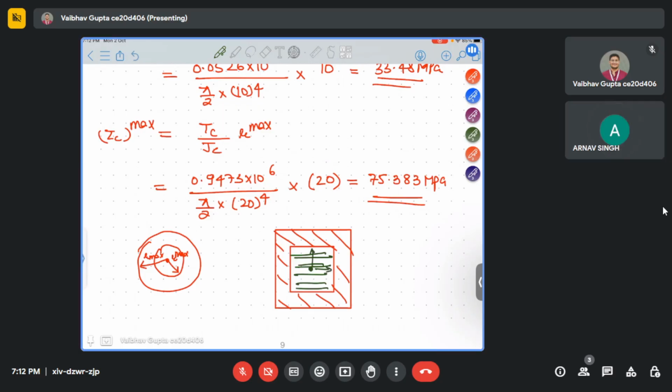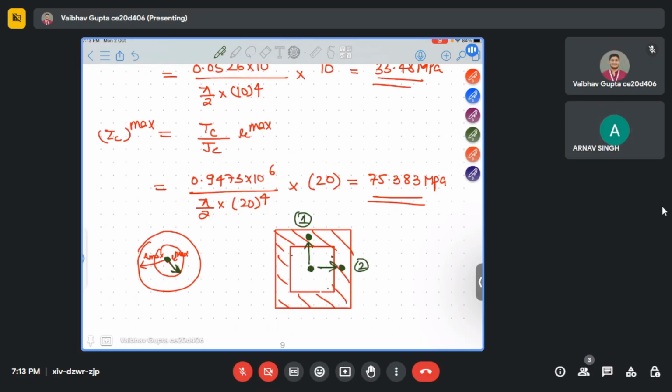What is the maximum radial distance you will experience here in the square, from the center? This is the center. So here you are getting the maximum radial distance at R. If they give you the square cross section, they will ask you to find the maximum tau here and here, at 1 and at 2. So you have to find this distance.